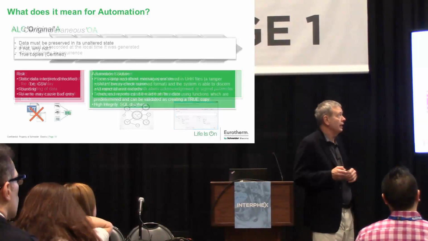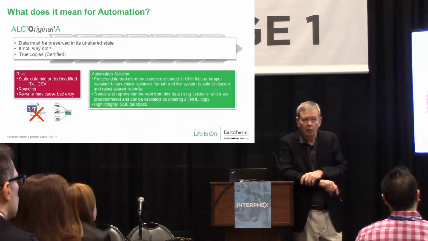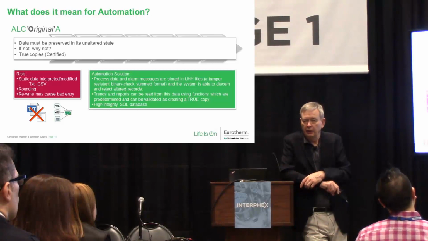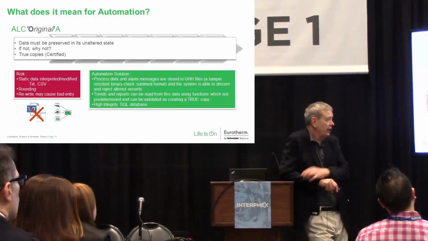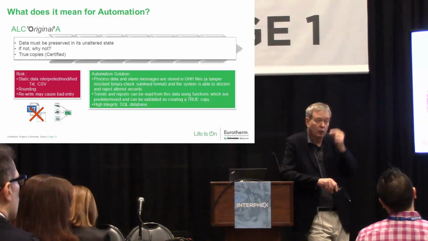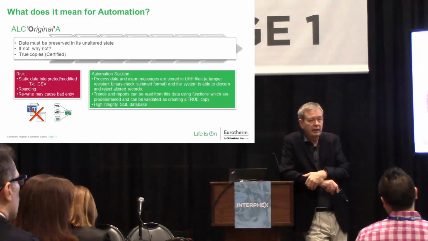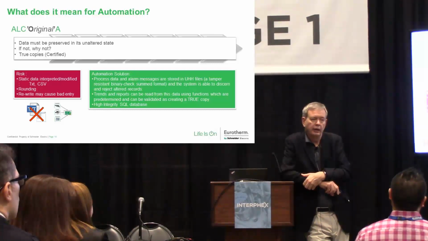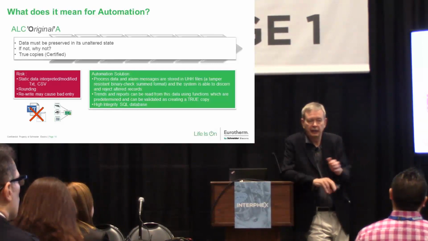Original is, of course, highly important. Original data, raw data, source data, data of record. Businesses will call this something different. But at the end of the day, anybody who's recording data and receiving that data in a CSV or a text file or in an Excel spreadsheet is at risk, because anybody can manipulate that data.